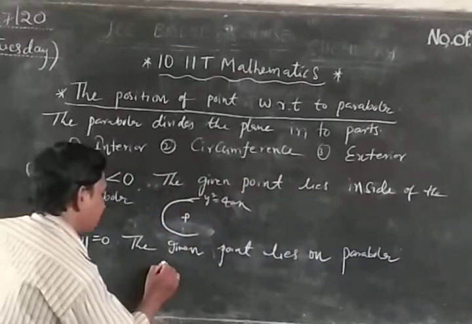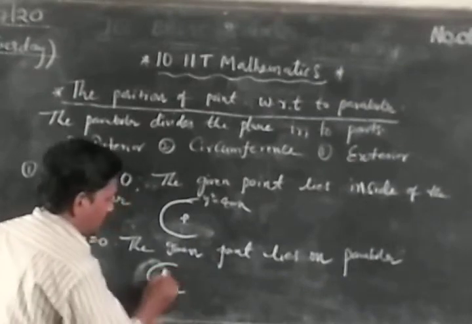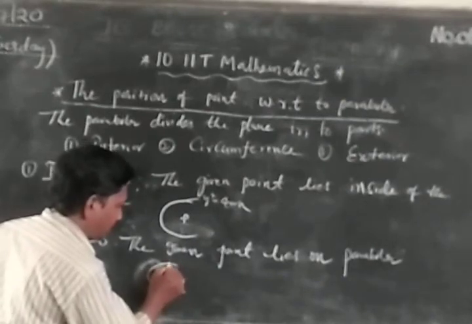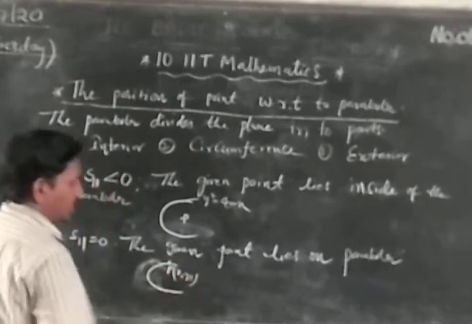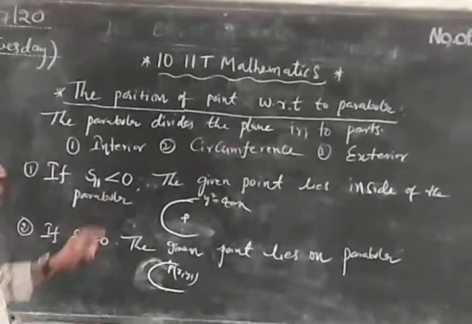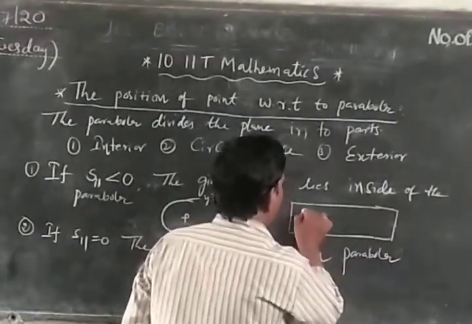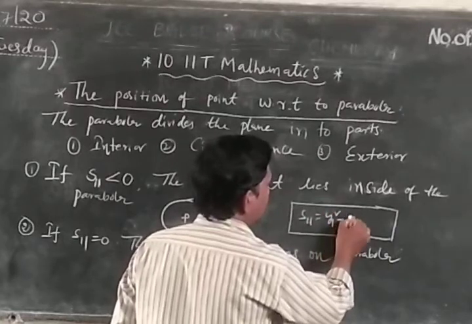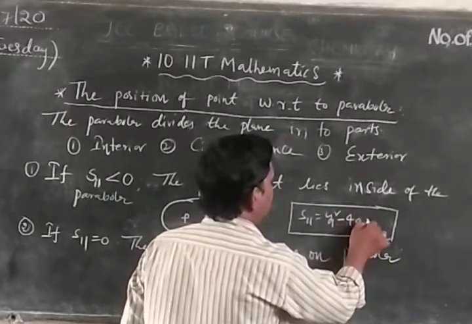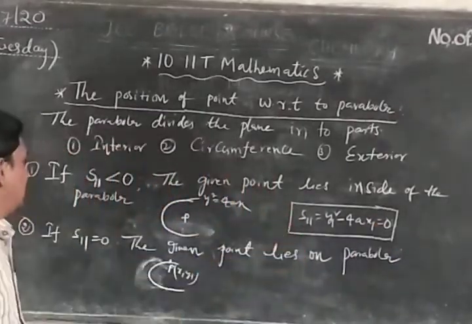That means it is a parabola, and there is a point P, the point x1, y1. So S11 means y1 square minus 4a x1 equal to 0. That is S11.